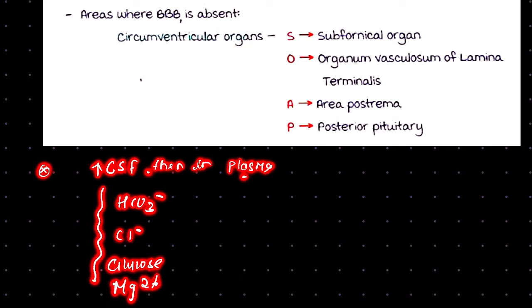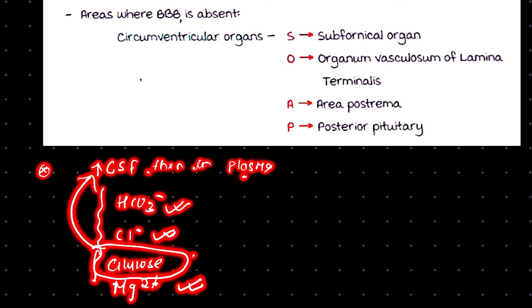Here if you look carefully, chloride ion is more in CSF than in plasma, and magnesium is more in CSF than in plasma, but glucose is less in CSF. Glucose and protein are less in CSF. So the question should be, the following constituents are more in CSF than in plasma except, and the answer would be glucose. So I asked you the wrong question, no worries.